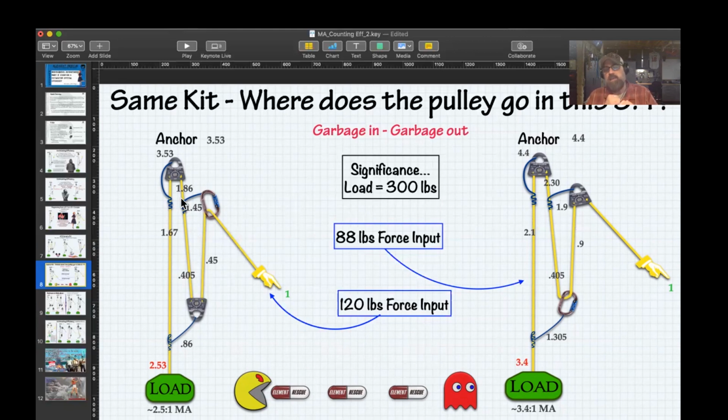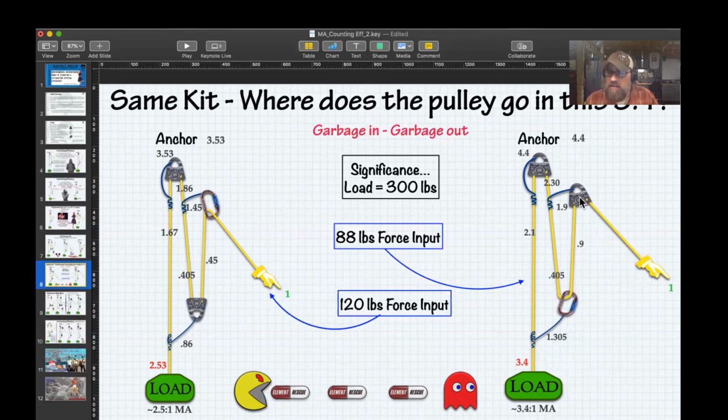What I want to do is input good stuff and let it slowly degrade through there, which is the case that we did here. So I have a 2.5 to 1 on this system, where when I build it into this 3.41 system, I'm able to input 1 here, 0.9 comes out. Now is where it kind of gets killed. So 0.9 comes in, 0.405 comes out.